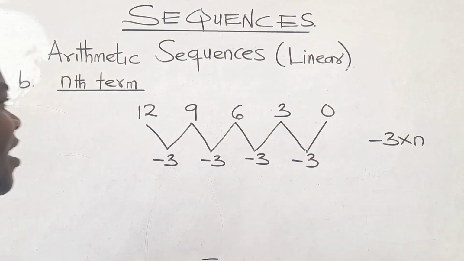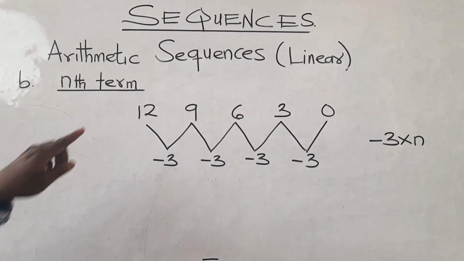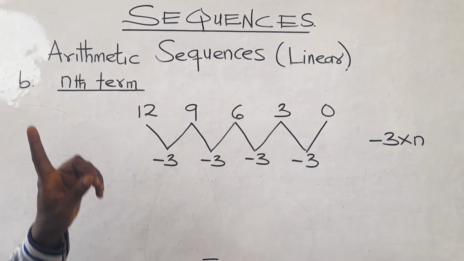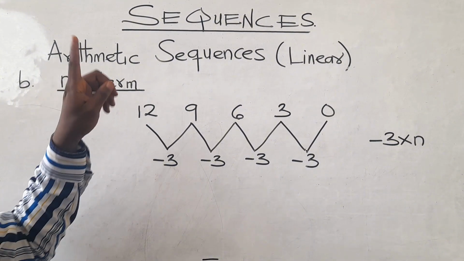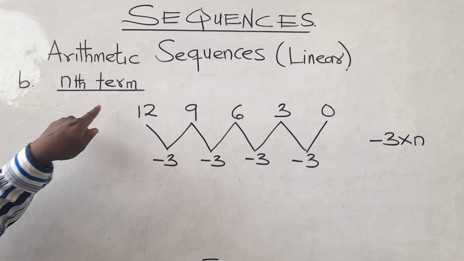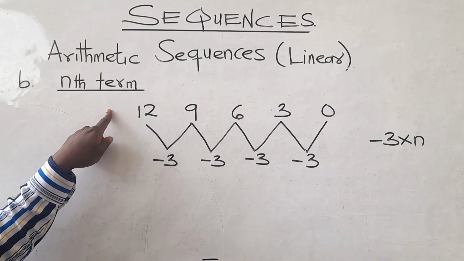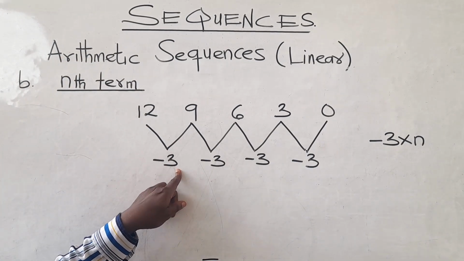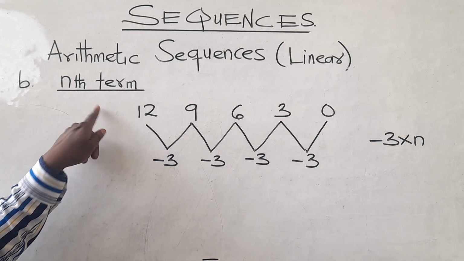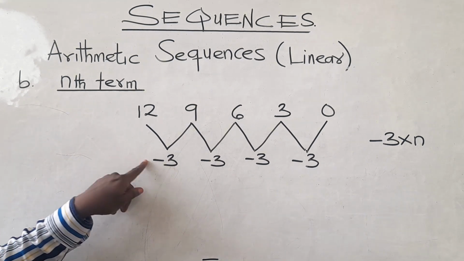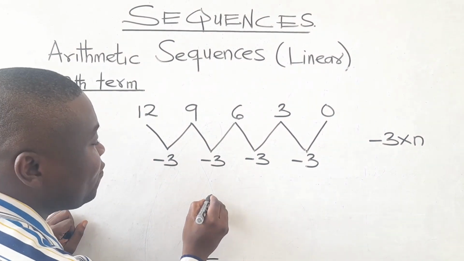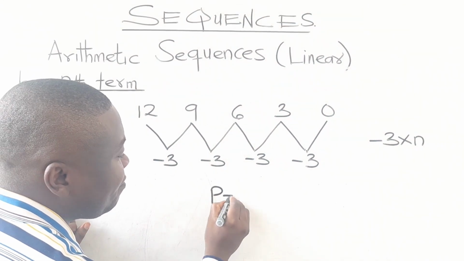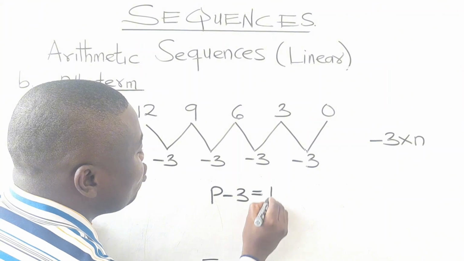Then let's ask ourselves, if 12 was not the first term, if 12 was a term after the first term, what would be our first term? Because we're subtracting 3, the number we're looking for minus 3 is equal to 12. Say we're looking for P. P minus 3 is equal to 12.